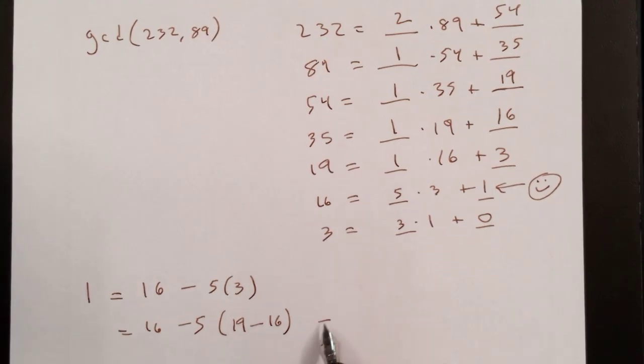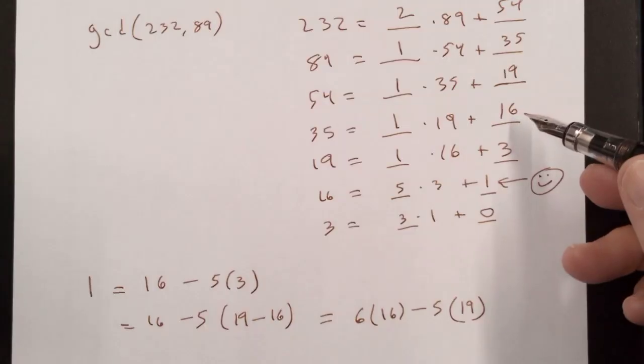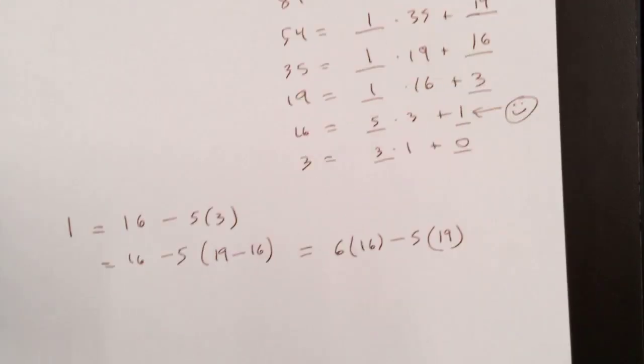That is 6 16s minus 5 19s. Because I got 5 16s here and another one in front, right? Now we use the one that's got a remainder of 16. 16 is 35 minus 19.